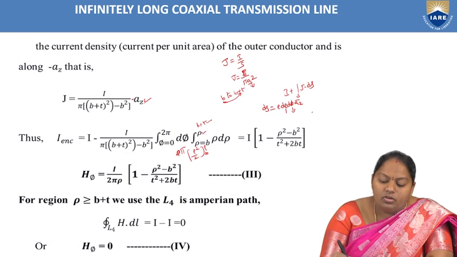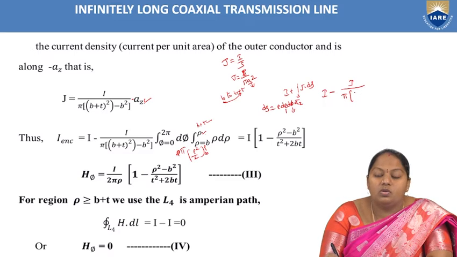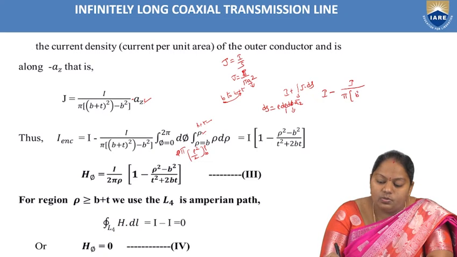Then that equation is simplified as I minus I by pi into b plus t whole square. If we expand this in terms of the a plus b whole square formula, it is b square plus t square plus 2bt minus b square in the denominator.